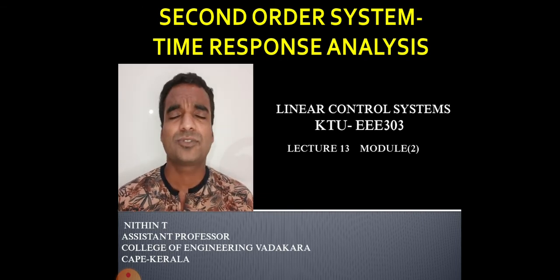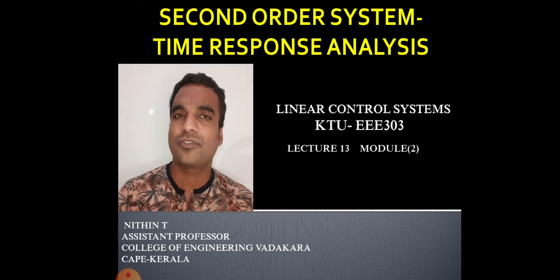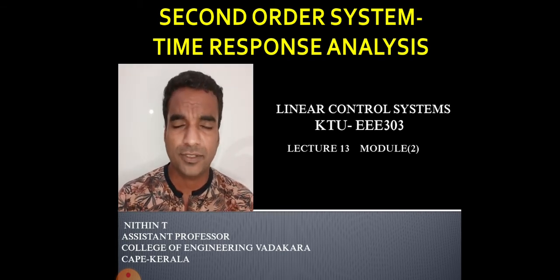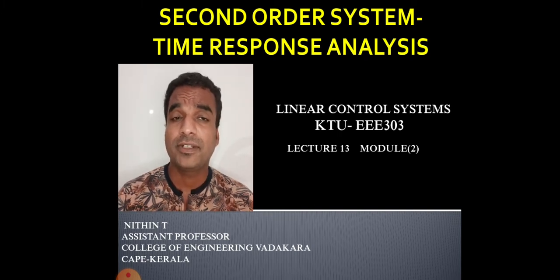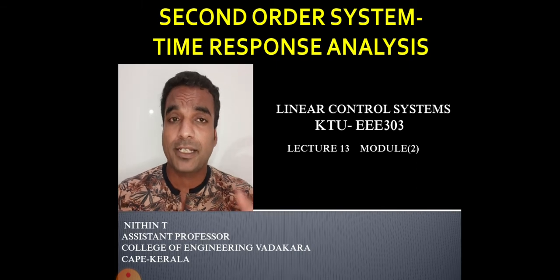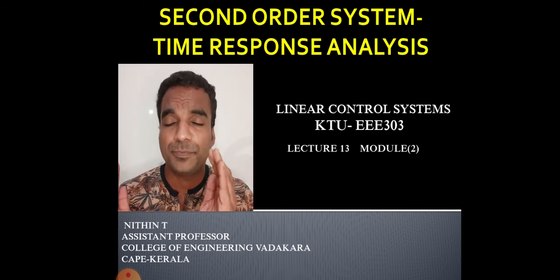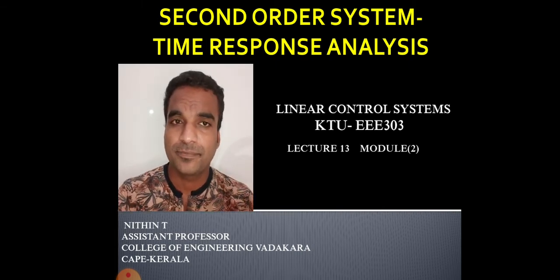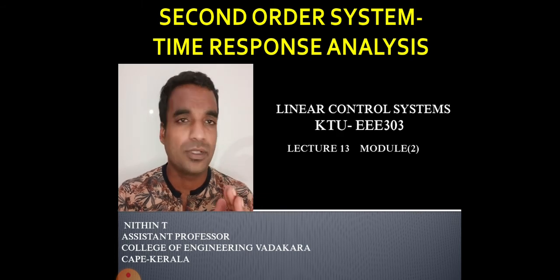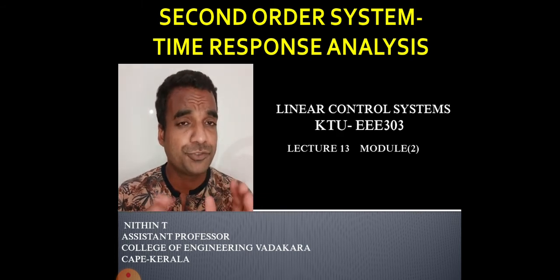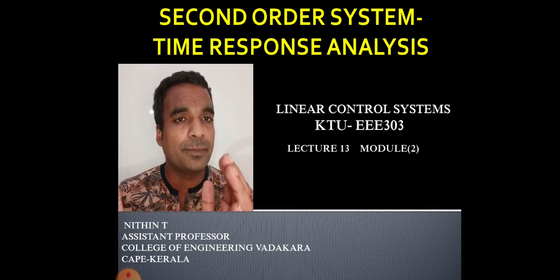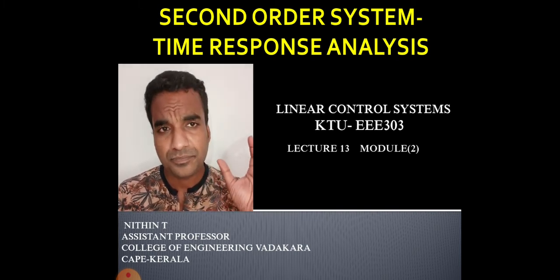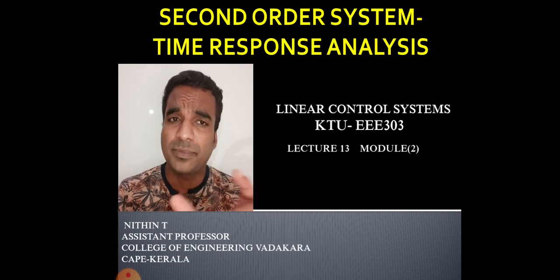In the previous classes also we did a lot of problems using second order systems. Like we derived the mathematical modeling of a spring mass damper system. I hope you all remember that class. The input was some force and the output was some displacement.